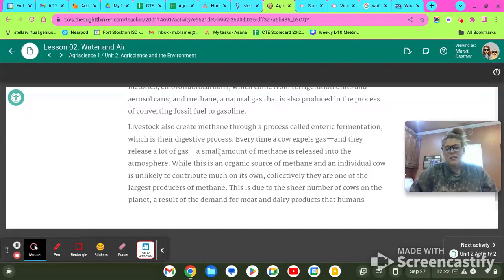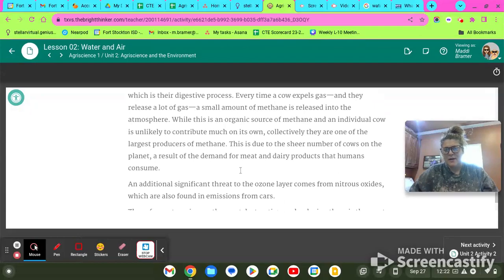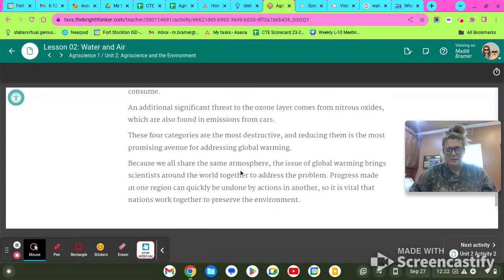Livestock also can produce some harmful gases. However, it says they are large producers of methane. That's through using the bathroom. However, this is not near as bad as what they portray. I think it's less than 1% of methane production is produced from cows.